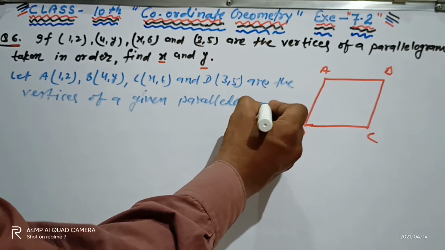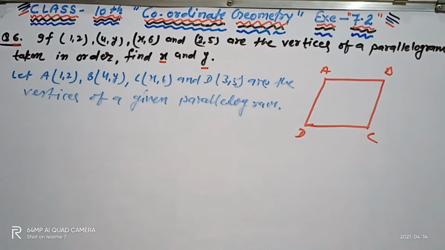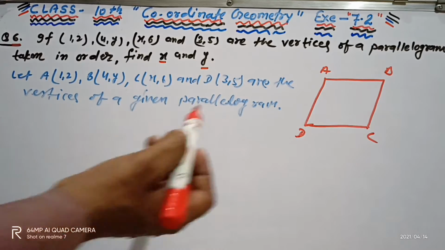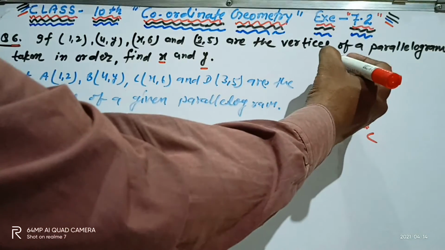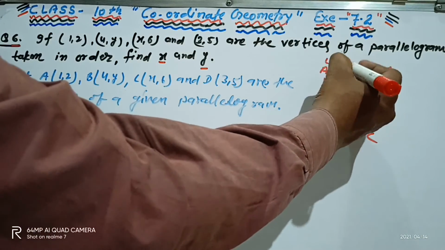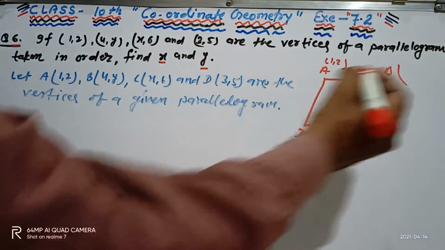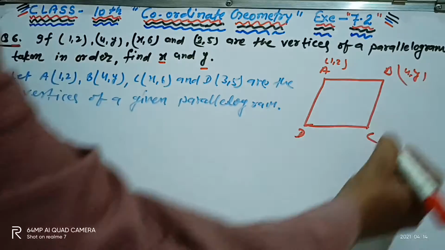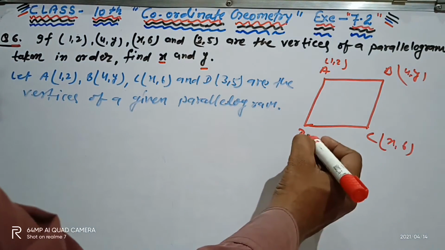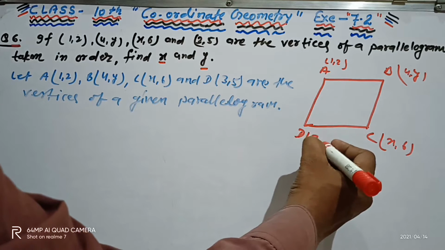So let's see what we actually have to find here: the value of x and y. A's coordinates are (1, 2), B's are (4, y), C's are (x, 6), and D's are (3, 5).